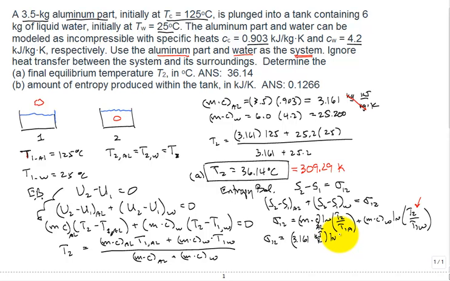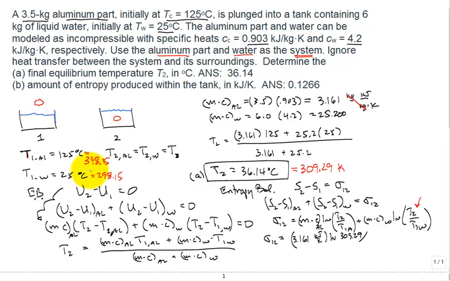Then we have the natural log of 309.29 divided by the initial temperature of the aluminum, 398.15. I like to keep all those digits. Sometimes the textbook doesn't, but that's okay.